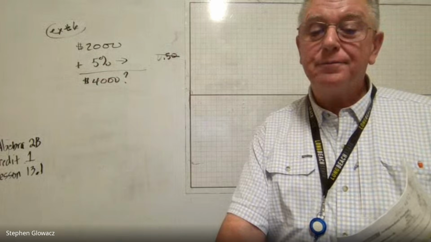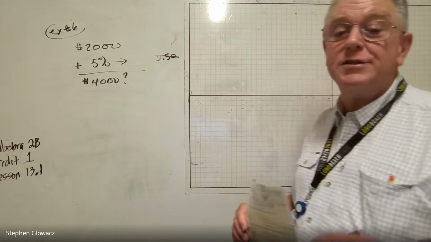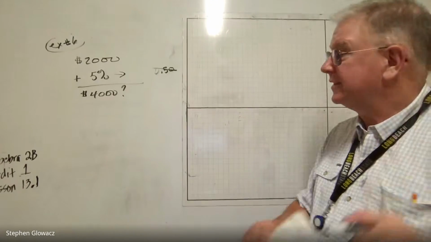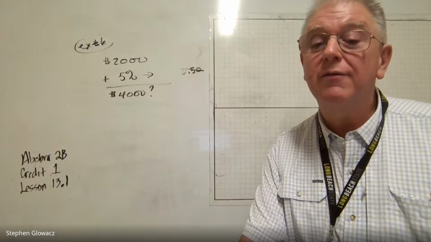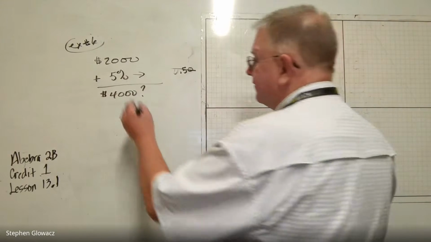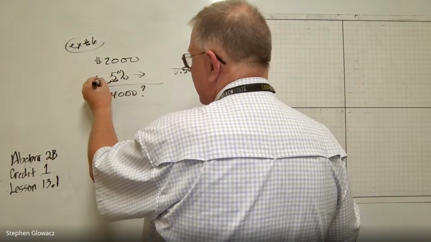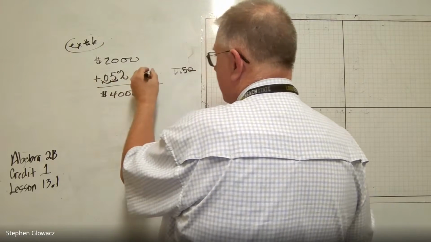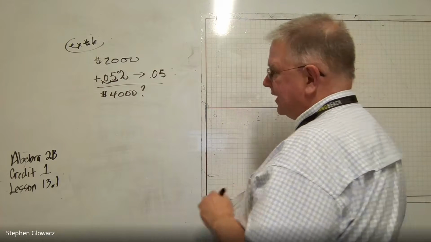It would not be 0.50 because 0.50 is 50%. Make sure we can see that okay. So 5% as a decimal, we move it 2 to the left. That creates a blank there. So 0.05 would be 5% written as a decimal.